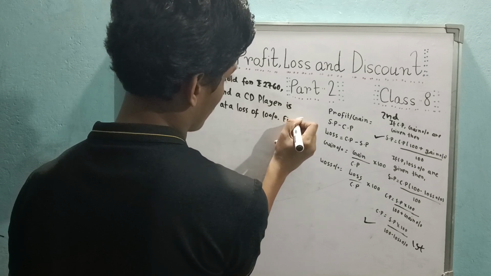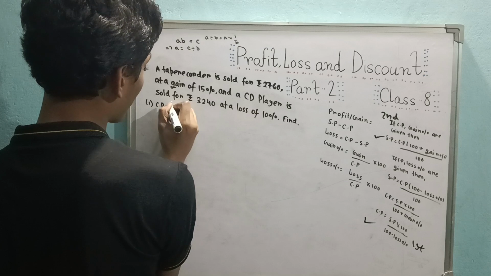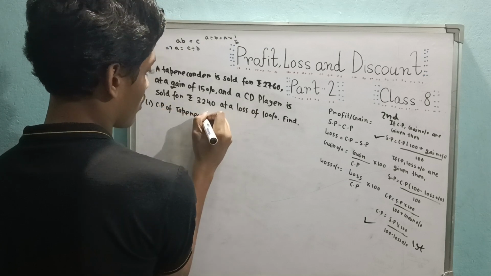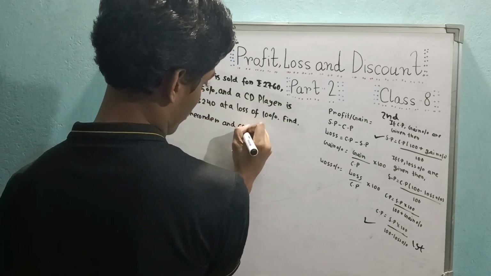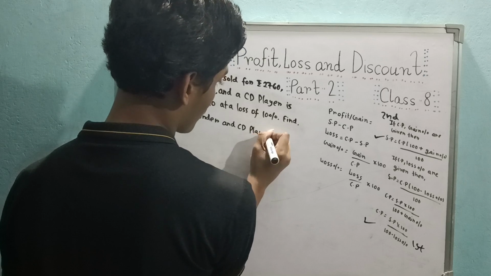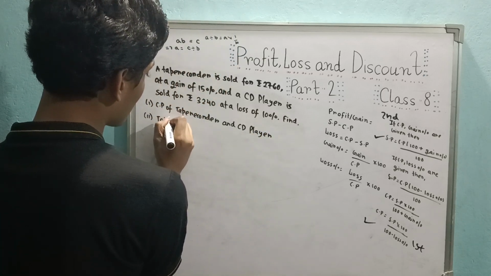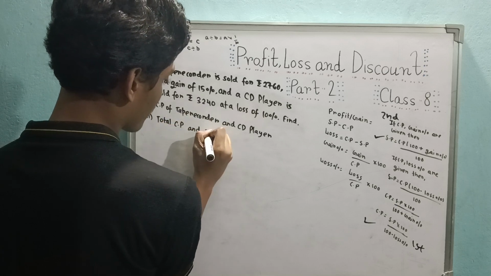Find the CP of the tape recorder and CD player, or cost price. First one, and then total CP, total cost price and total selling price.